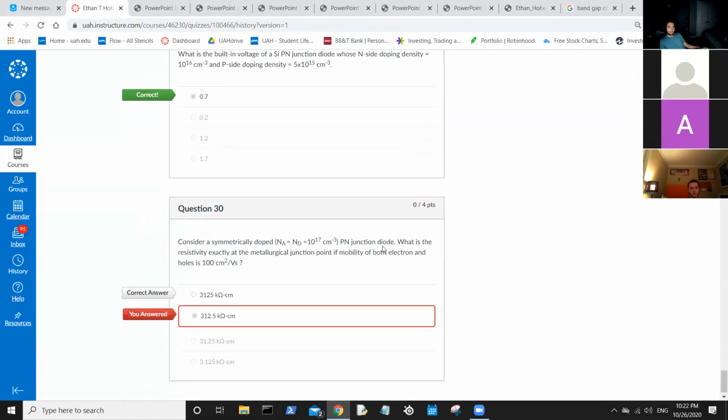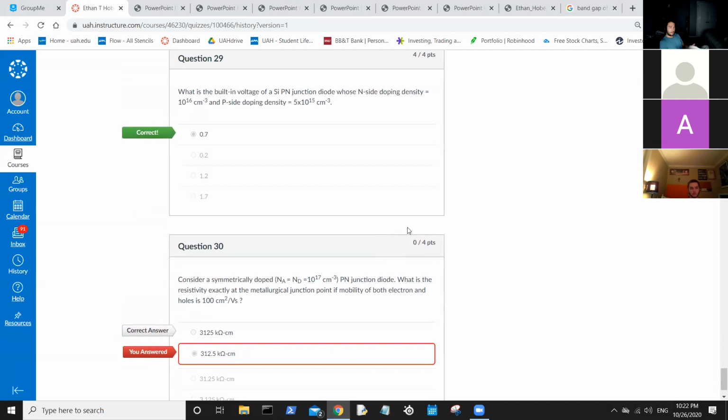I think the formula for V_BI is, officially, and I'll tell you without plugging any numbers in: kT over q times ln of N_A times N_D over n_i squared.